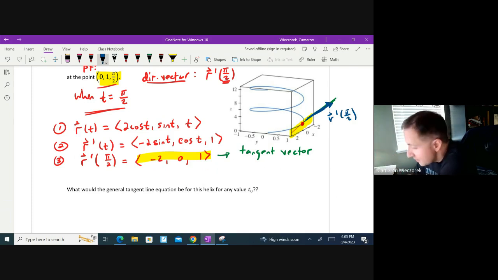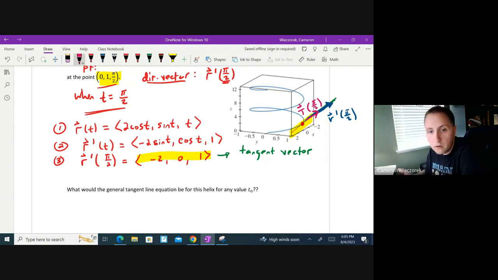If I scale it down in size, notice it still indicates the same tangent line. It's still pointing in the exact same direction. It's just a scalar multiple of r prime. So you can choose to use capital T, but it's more work. So I'm not going to use the unit tangent vector. I'm just going to use the tangent vector since it does describe the direction of that line.